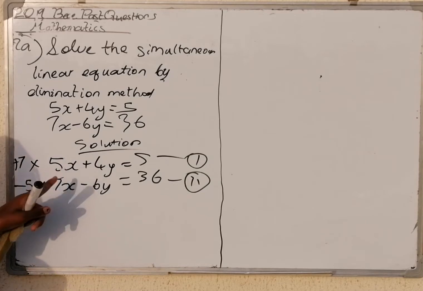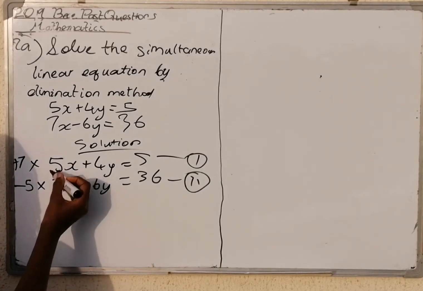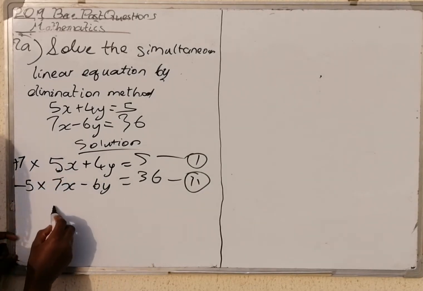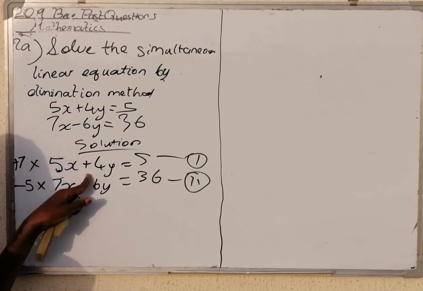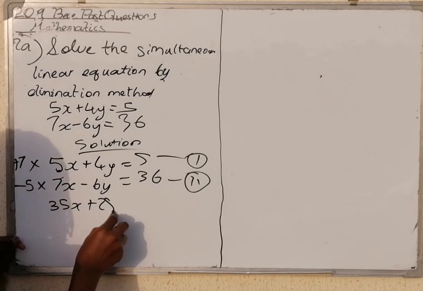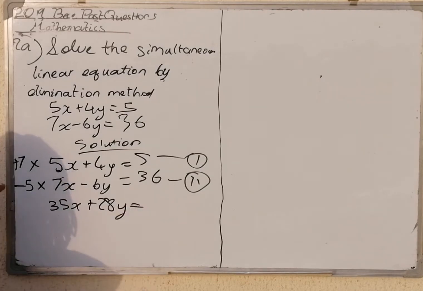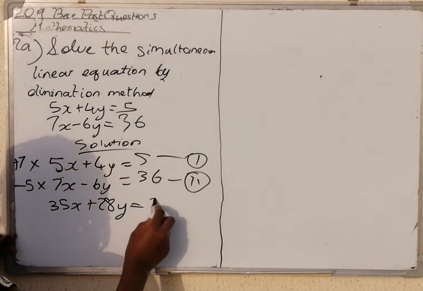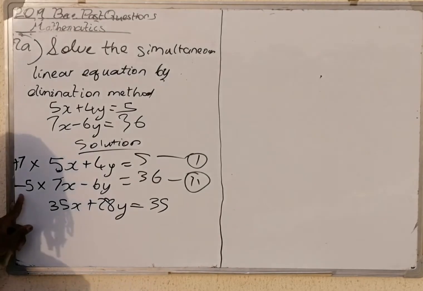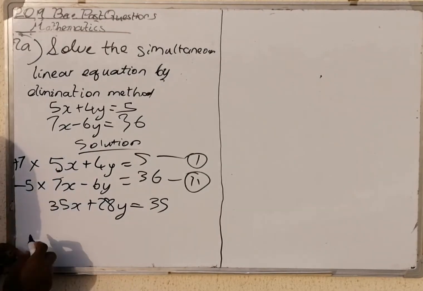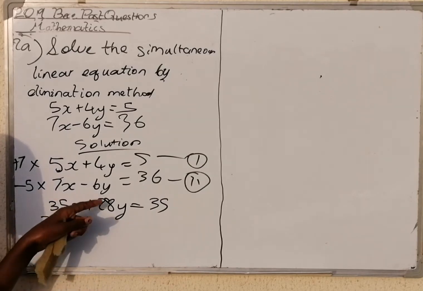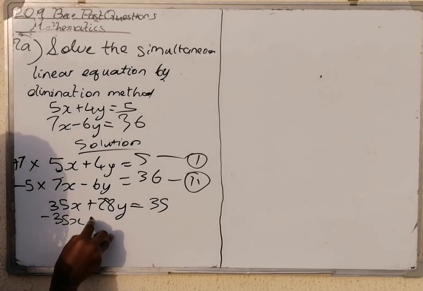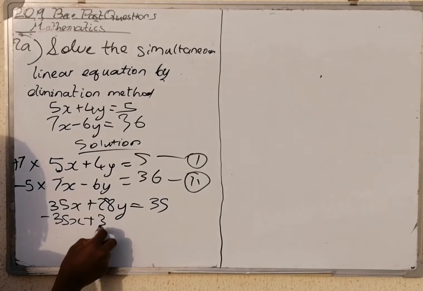Plus 7 times 5x is 35x. Plus 7 times plus 4y is plus 28y equals plus 7 times 5 is 35. Minus 5 times 7x is minus 35x. Minus 5 times minus 6y is plus 30y.